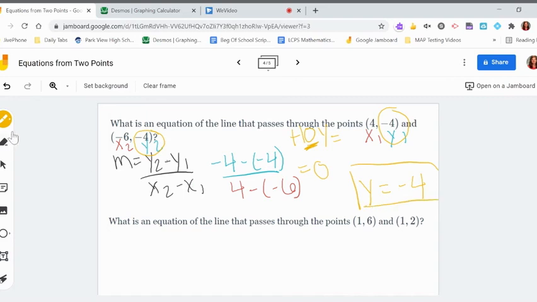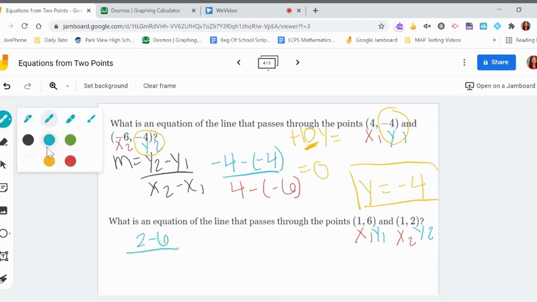Okay, my last one's going to be similar. I am going to go ahead and label x1, x2, y1, y2. I'm just going to follow the pattern that I have here. y2 is 2 minus my y1, which is 6, all over my x2, which is 1 minus my x1, which is also 1.